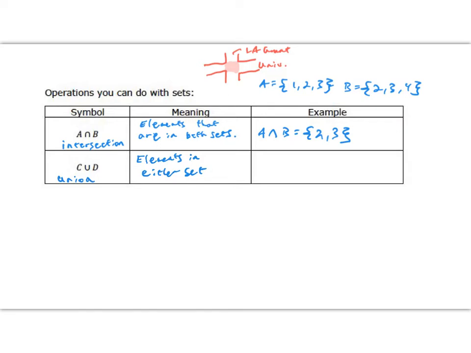So if I wanted to find the union of A and B, then I have to list out all of the elements that are in either A or B or both. Now, if they're in both, I'm certainly not going to list them twice. I'm just going to list them once. And those elements that are in A and B are, of course, 1, 2, 3, and 4.